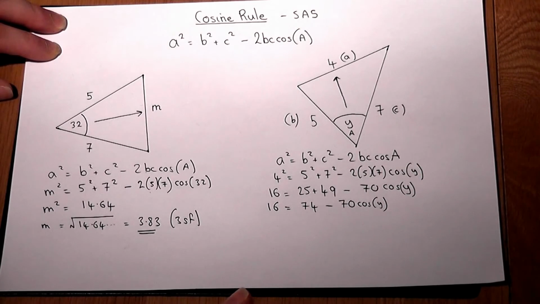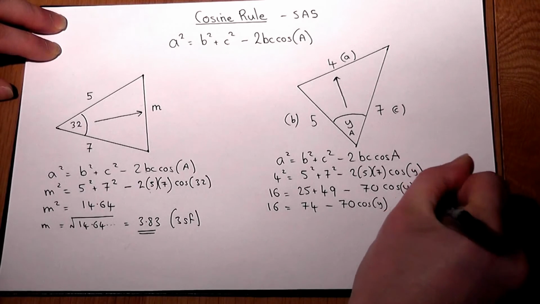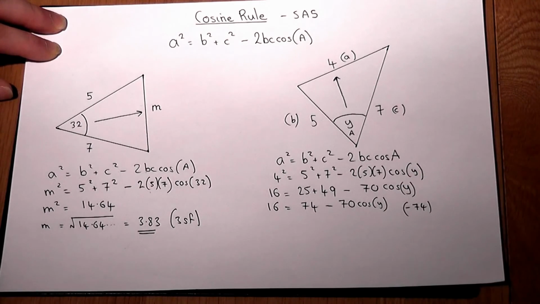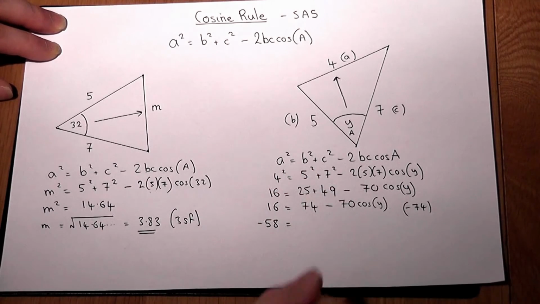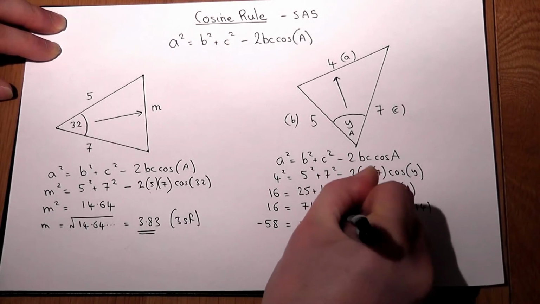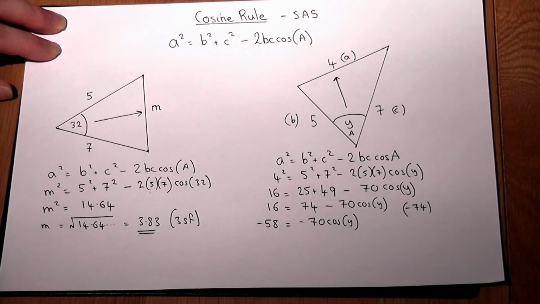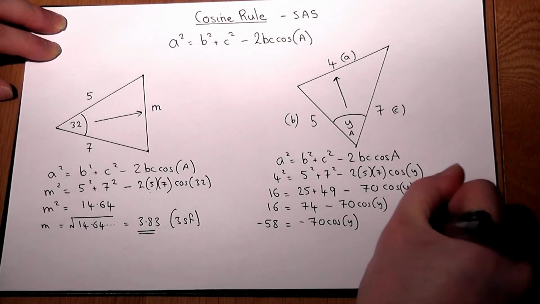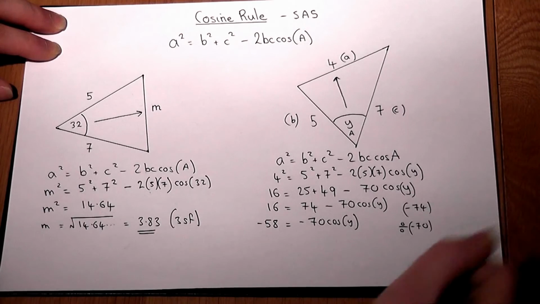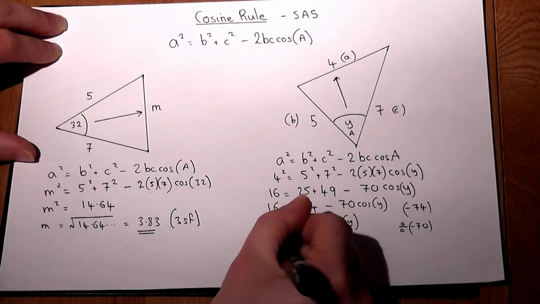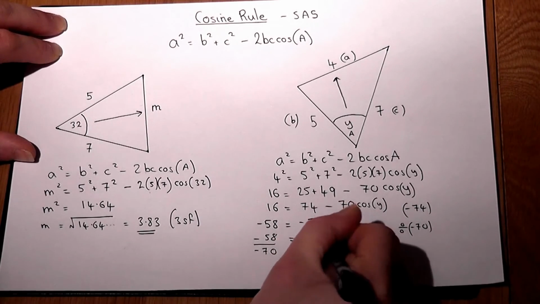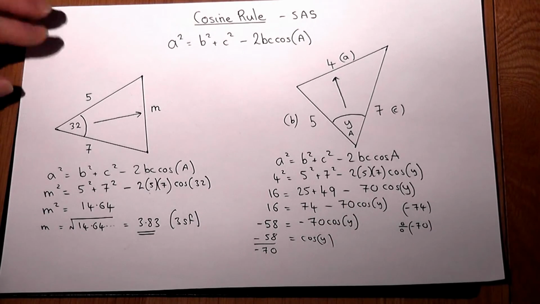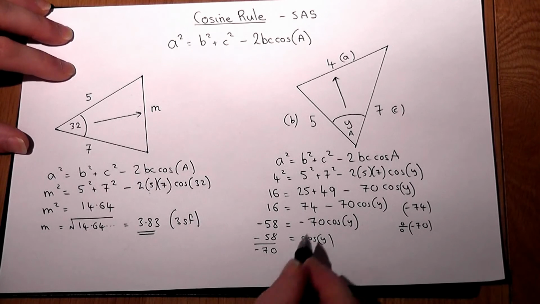And we want to get y equals, but step one is to work out what cos y equals. So if I take away 74 from both sides, I end up with minus 58 is equal to minus 70 cos of y. I then divide by minus 70. So I get minus 58 over minus 70 equals cos of y. And that is my equation for cos y.